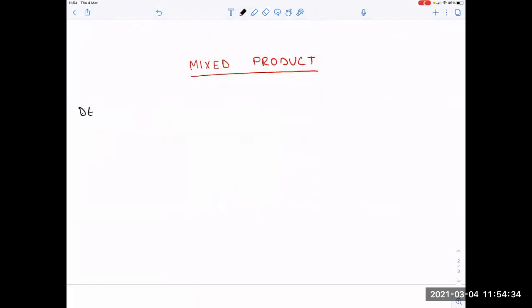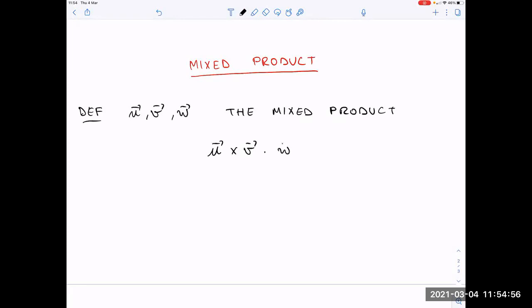So we take 3 vectors, say u, v, w. The mixed product of these 3 vectors in this order is u cross v dot w.